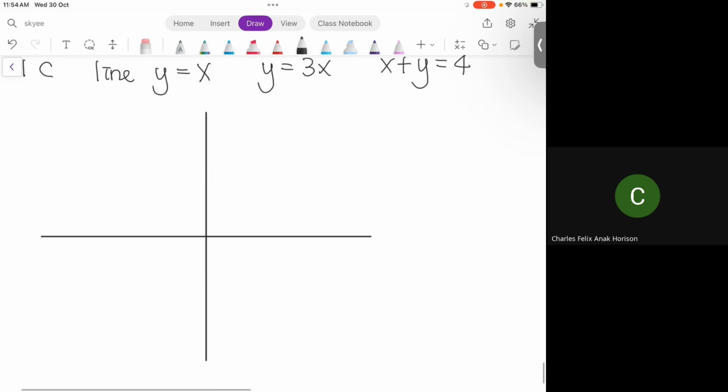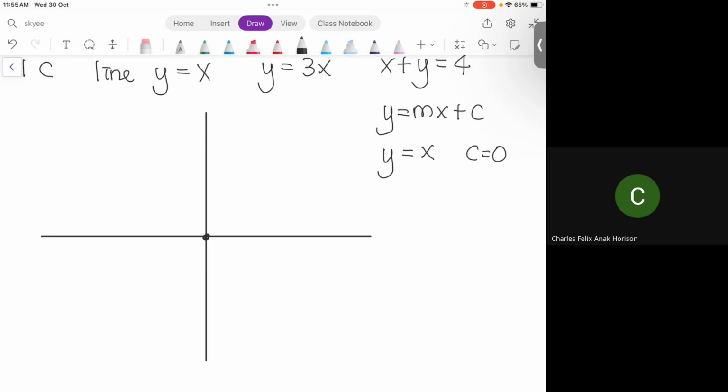So this is the 2D graph. First, y equals x. If you don't know how to plot this, all these are straight lines, and the equation of a straight line is y equals mx plus c. For y equals x, this straight line has no c, so c equals 0, meaning it touches the origin.